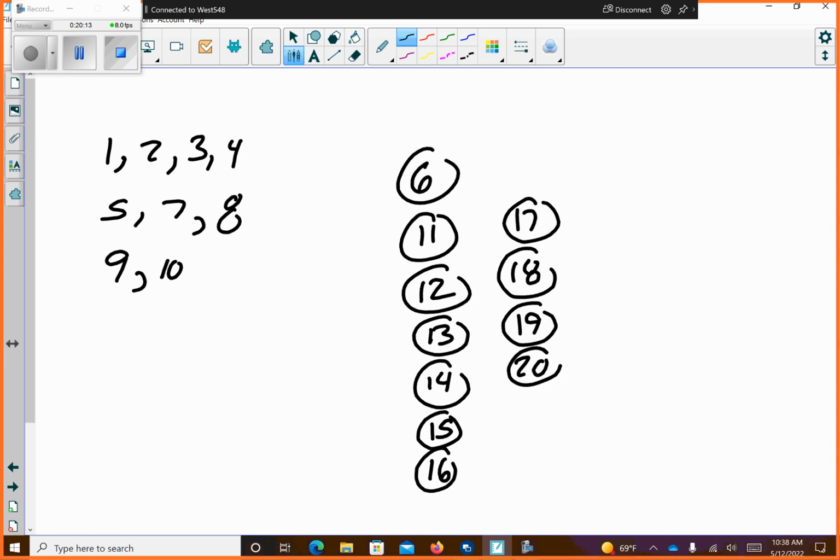Try those. Why don't you take, what time are we out of here? 11? Why don't you take about 6 minutes? So we'll come back at 10:45. 10:45, I will work these out. Do the circle ones, please.